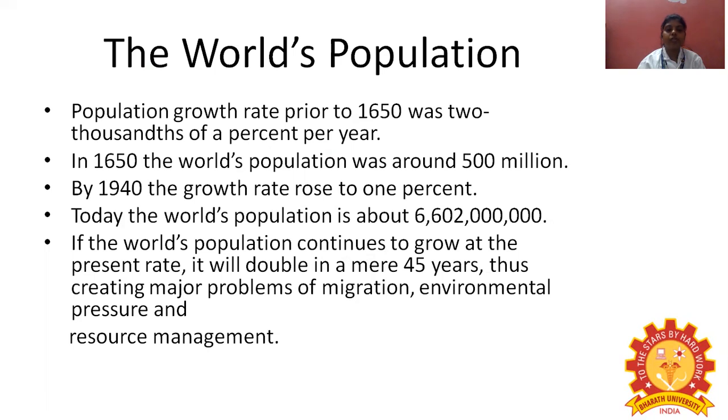Today, the world's population is about 6,602,000,000. If the world's population continues to grow at the present rate, it will double in a mere 45 years, thus creating major problems of migration, environmental pressure, and resource management.